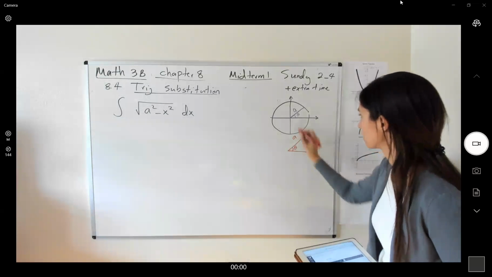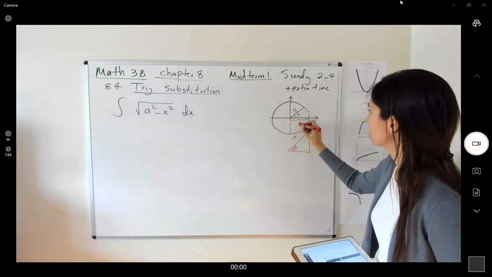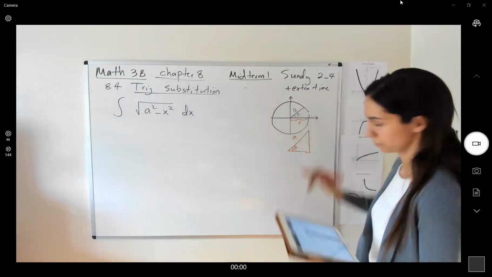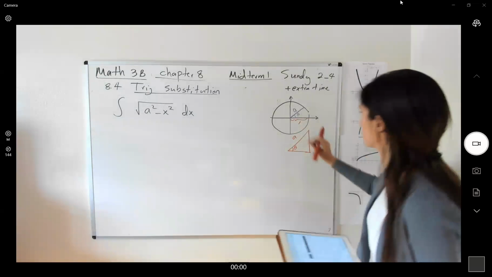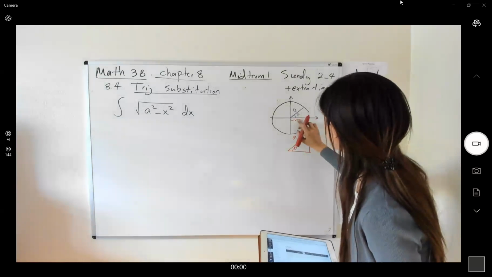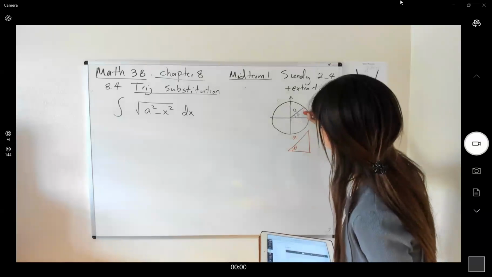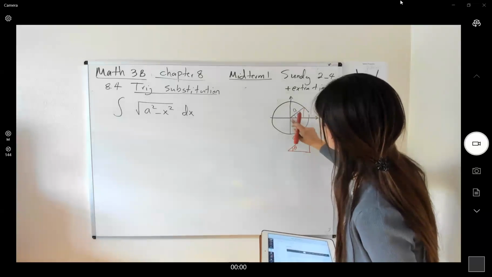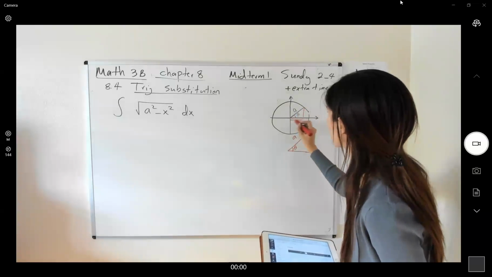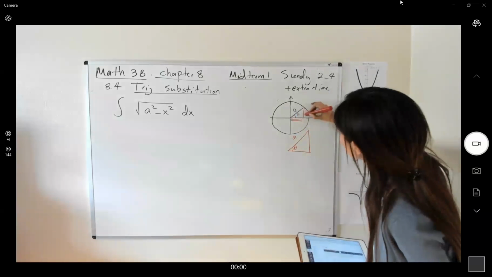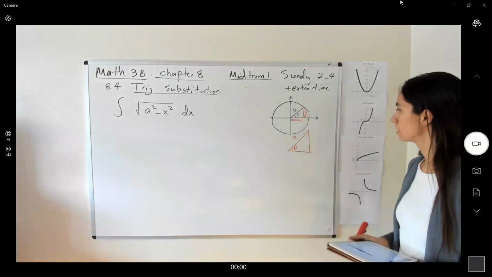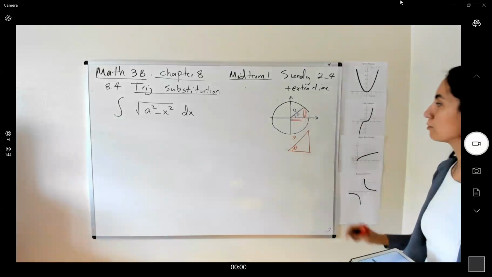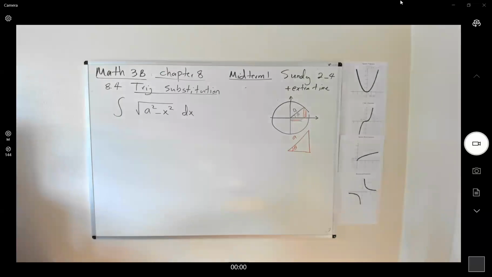And on the x-axis, this portion is just, let's say, x. So this is one side of your right triangle, and this is the other side. Okay, perfect.